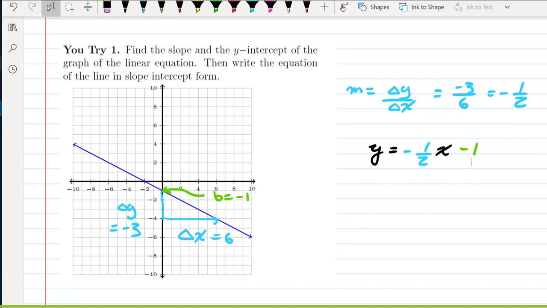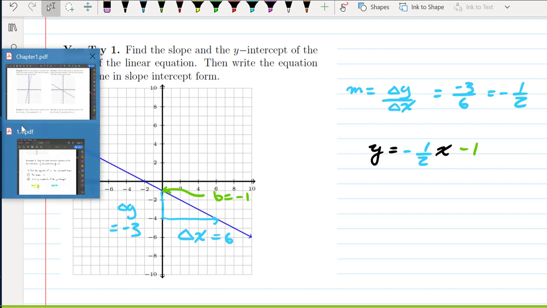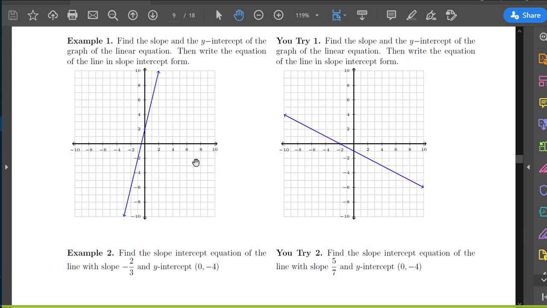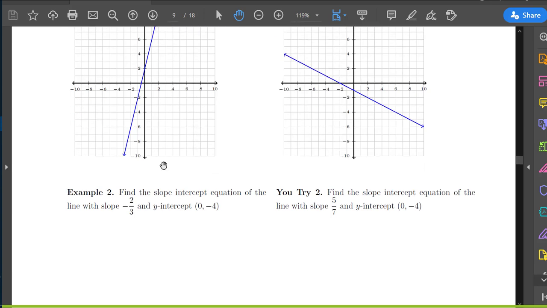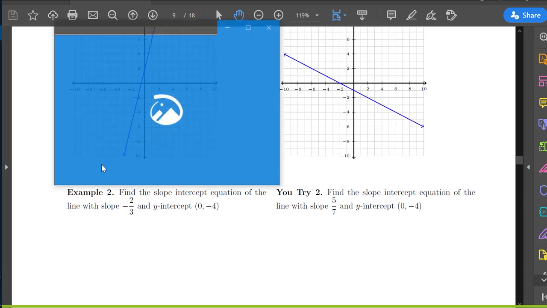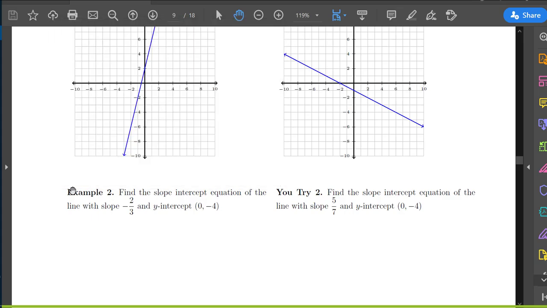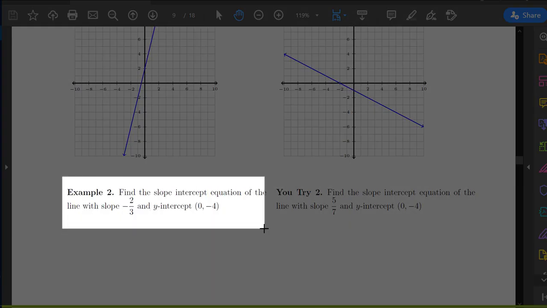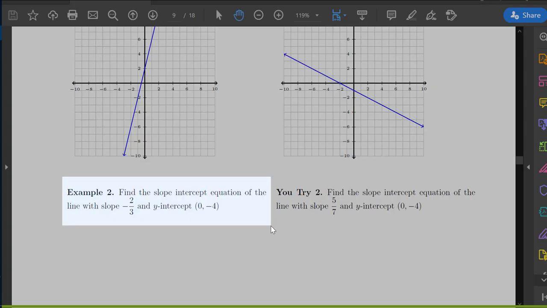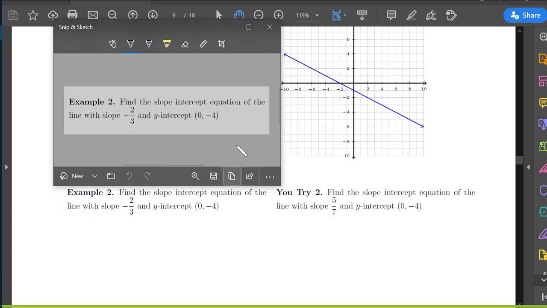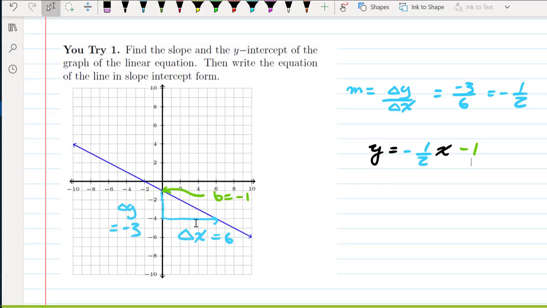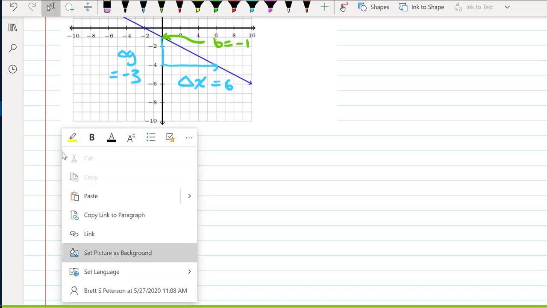All right, so let's work on a variation to this problem. So example 2 is pretty much exactly the same thing.